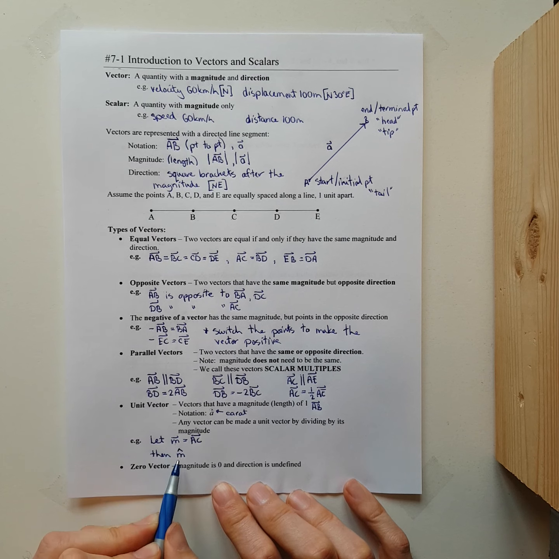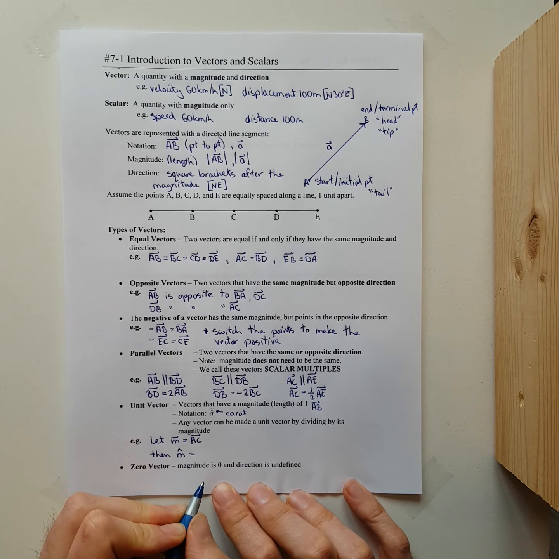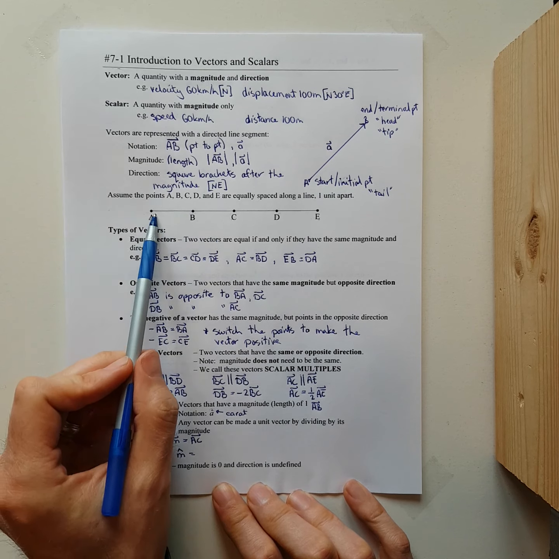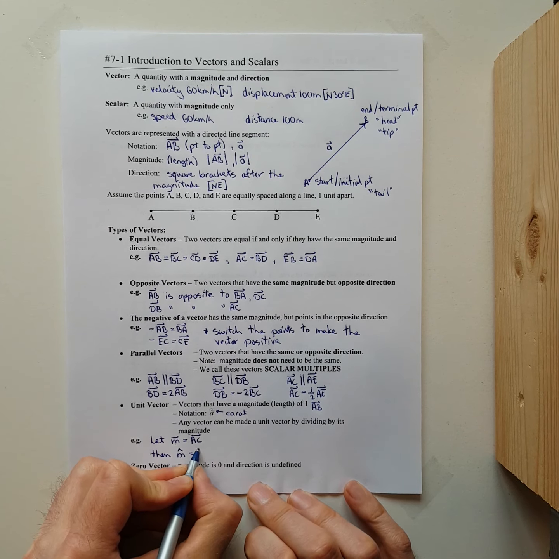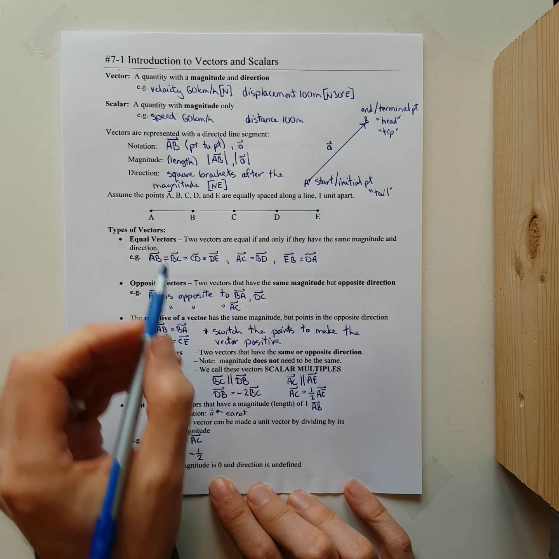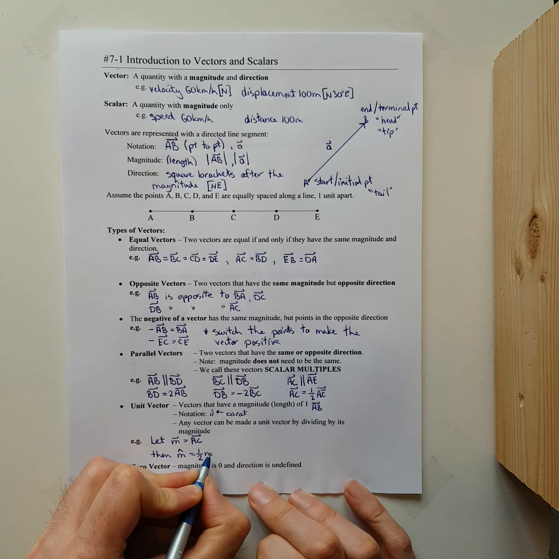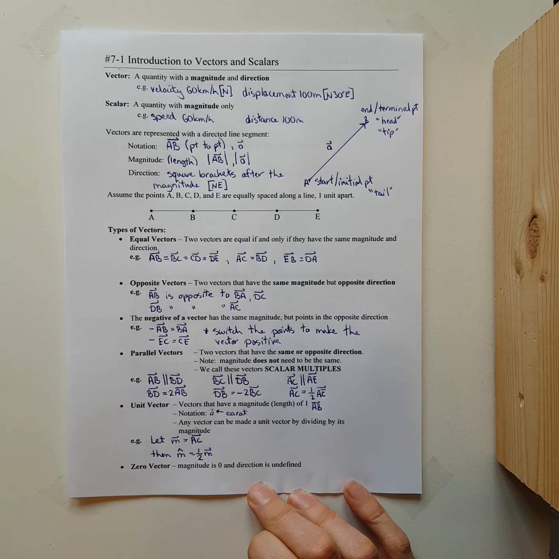So this is vector M, this is unit vector M. To make this into a unit vector, since AC is 2 units long, I would have to divide by its magnitude, which is 2 units. So if I take vector M and multiply it by a half, I would get unit vector M.